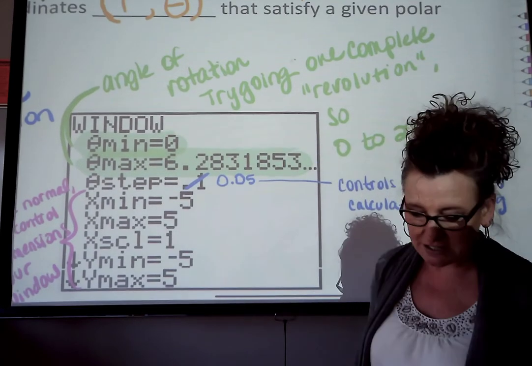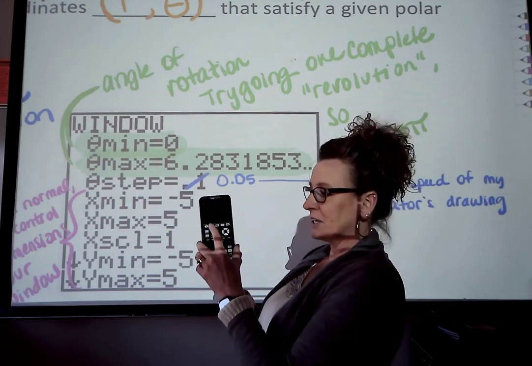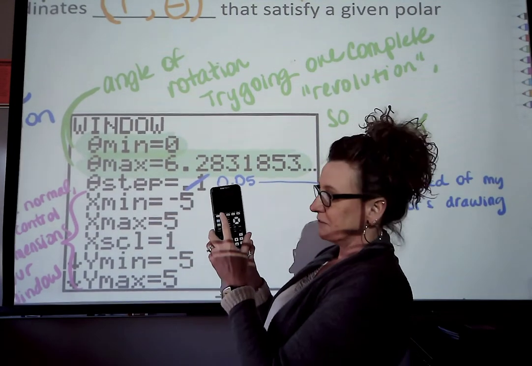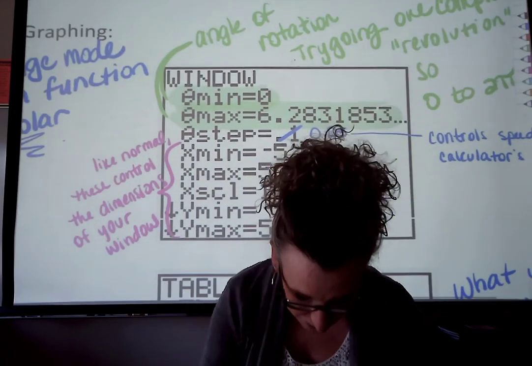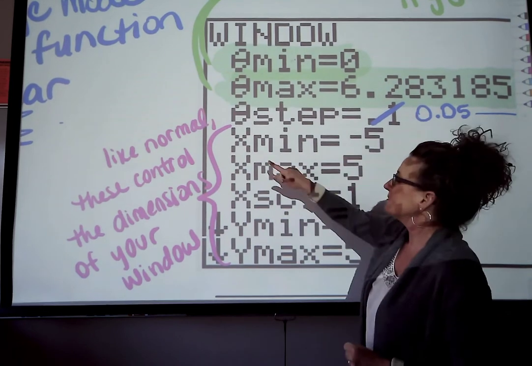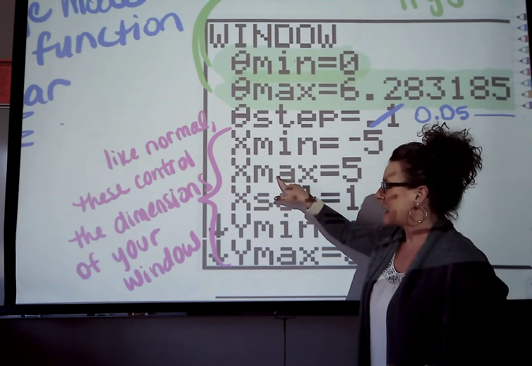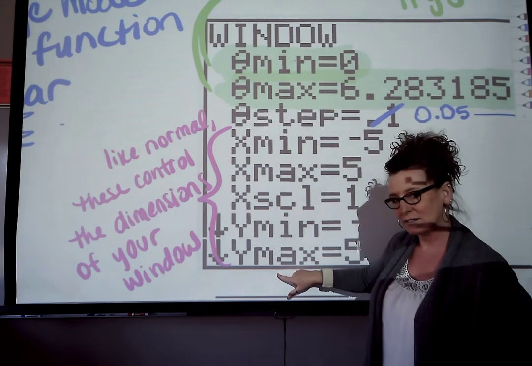Next, I want you to set up your window. So now I want you to hit window, really up top left up here. Now, when you hit window, this is what you're used to. You're used to seeing an X-min, an X-max, and an X-scale, and a Y-min, a Y-max, and a Y-scale.